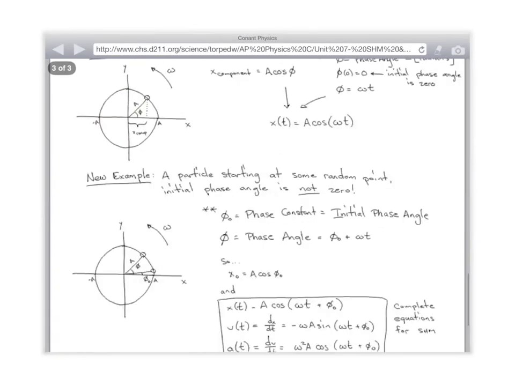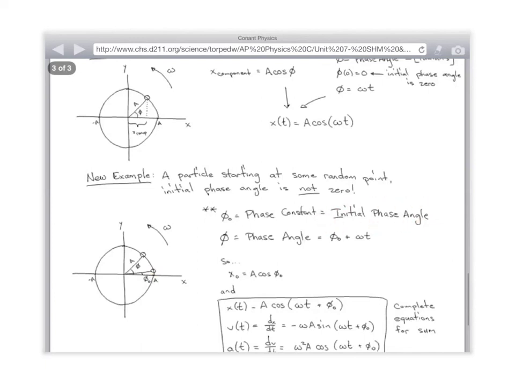Say the particle starts here rather than here. Well, your starting position would be called phi naught, right? Phi at time 0. That's called a phase constant. It's also called an initial phase angle.